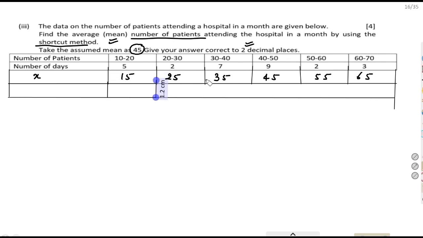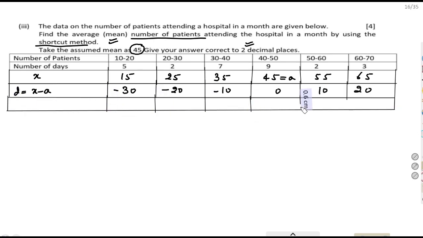Question में given है assumed mean is 45. This is A. Now we are finding x minus A. Next FD, this is F frequency. Now find summation F and summation FD.